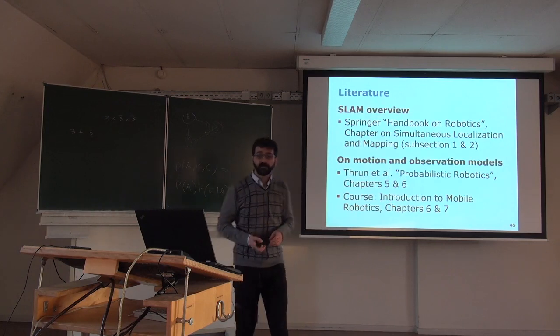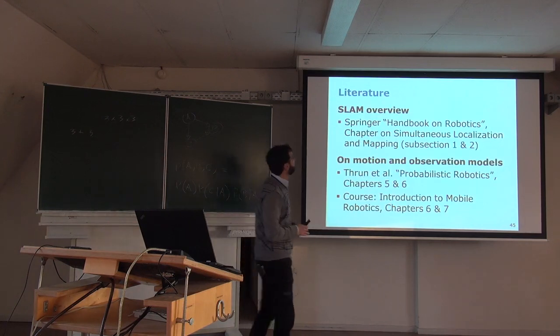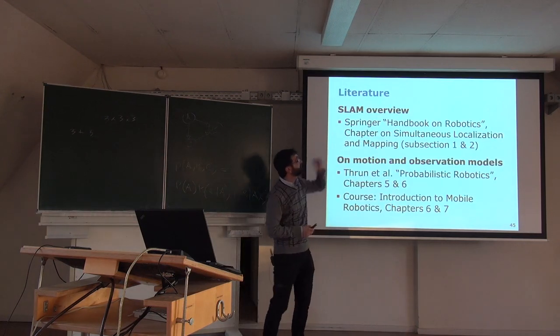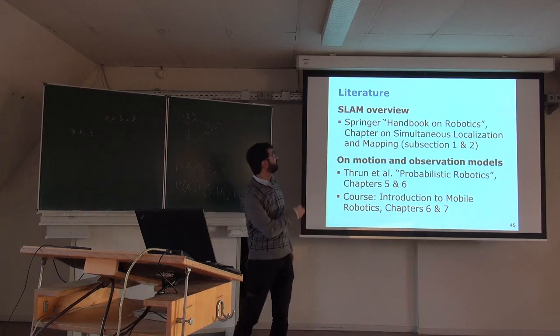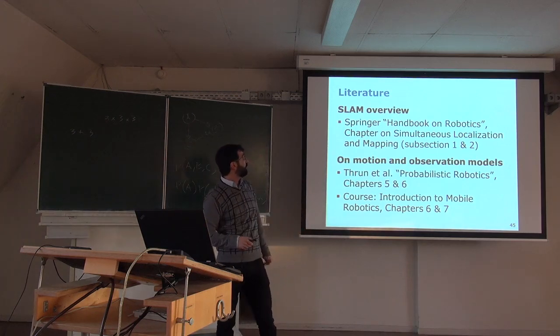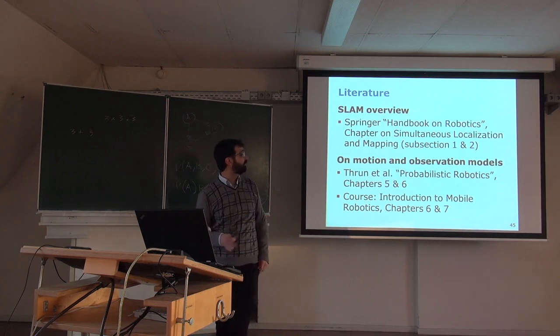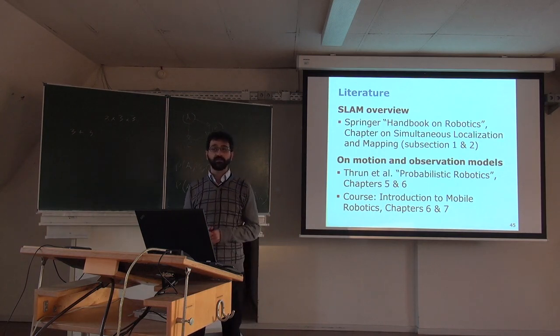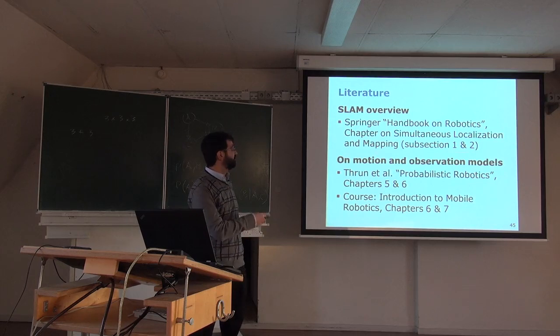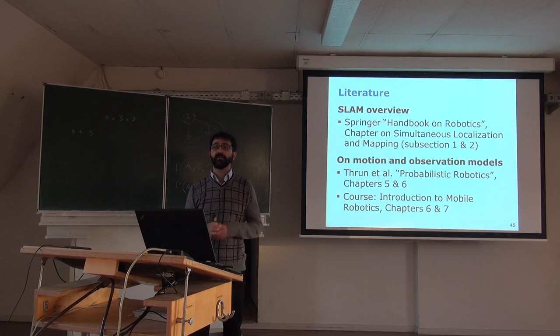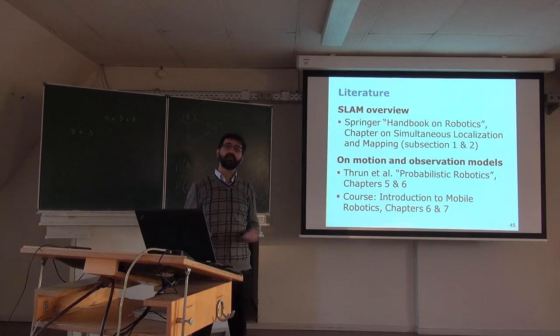As literature for this, you can also get the Handbook of Robotics, which is a book that should be in the library. You don't really need to read too much about that, just the first subsections, or you can also get Probabilistic Robotics, and there is one small section that tells you what SLAM is, but this is more on a general idea, and the slides suffice for that, so you don't need more than this.